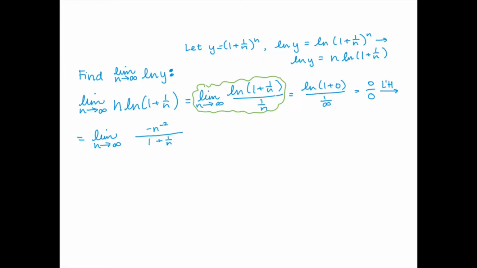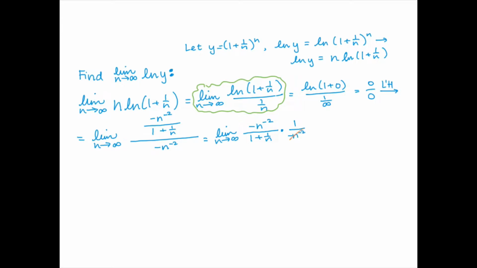Then I'm going to take the derivative of the denominator, which also gives me a negative n to the negative 2. Getting rid of the complex fraction, I have negative n to the negative 2 over 1 plus 1 over n times 1 over negative n to the negative 2. I can then cancel those out.